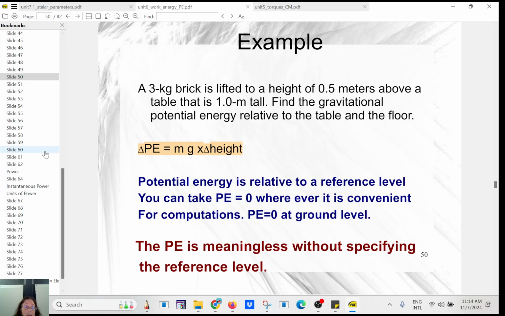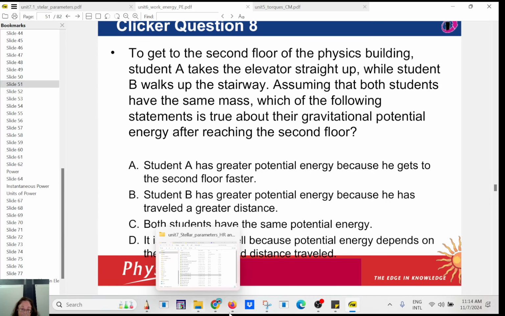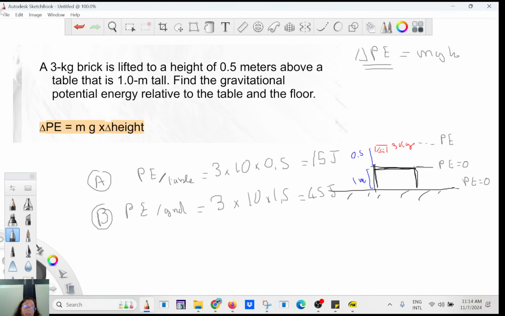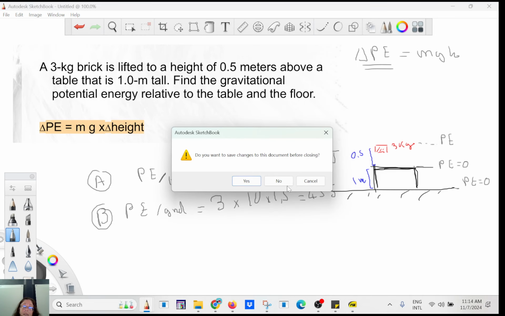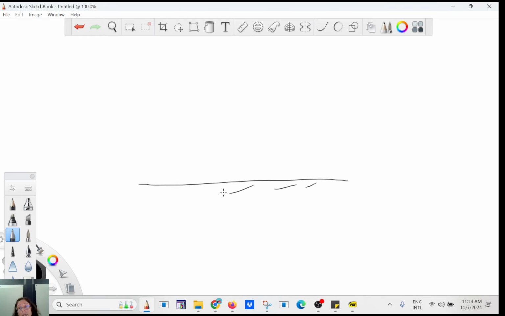Okay, so what's also interesting is that, let's say you have two students and they want to go to here, which is Lib 265, and you have two ways to do it.